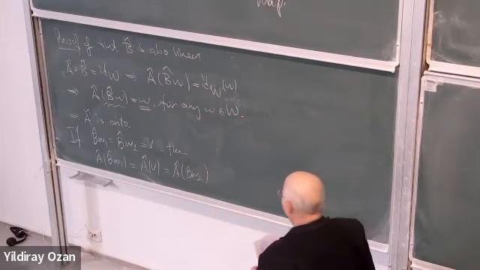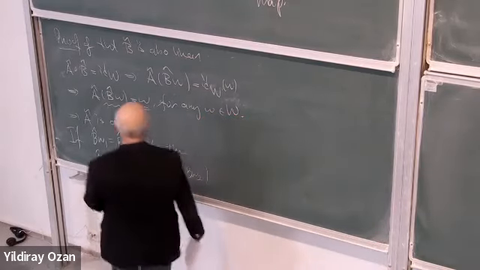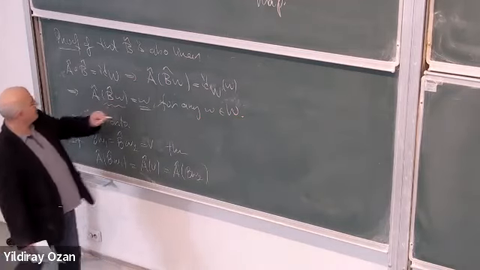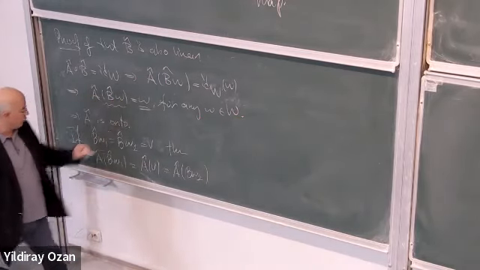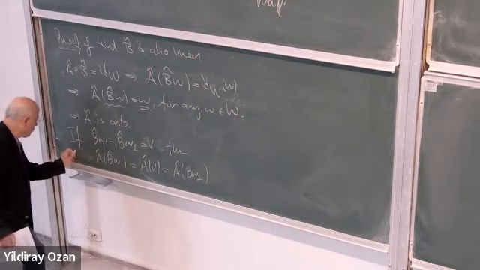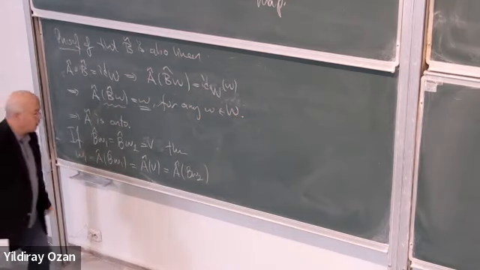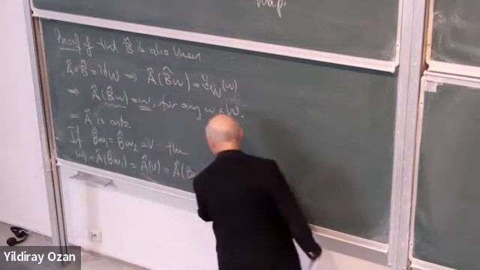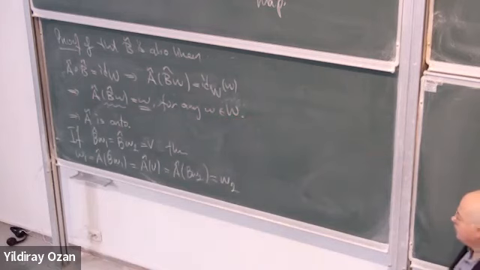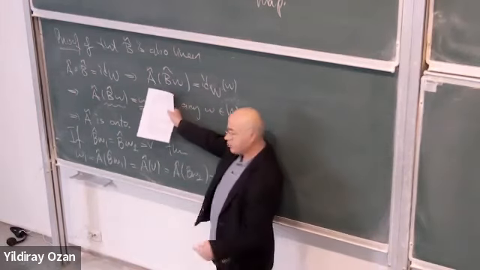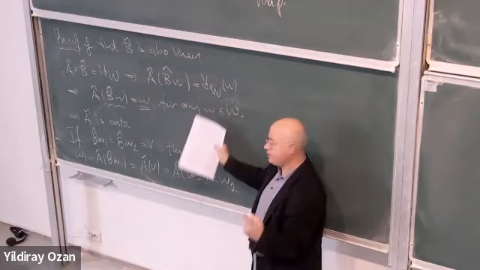But on the other hand, A hat composition B hat of w is equal to w.